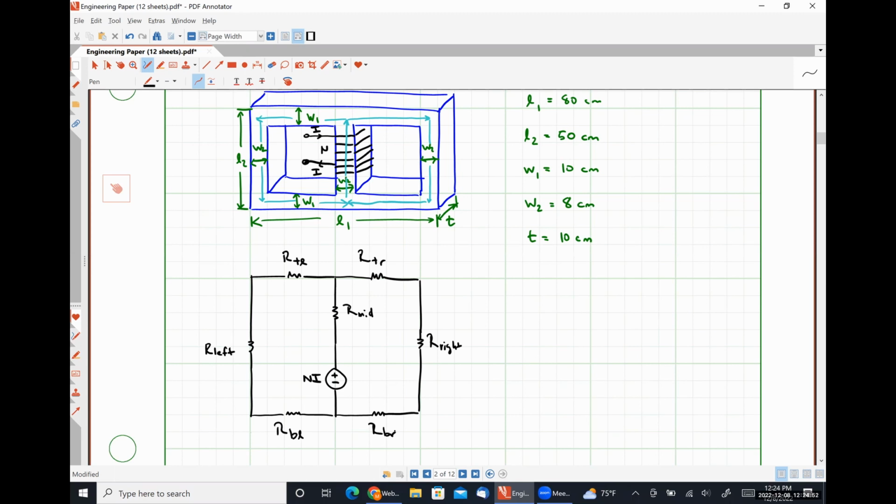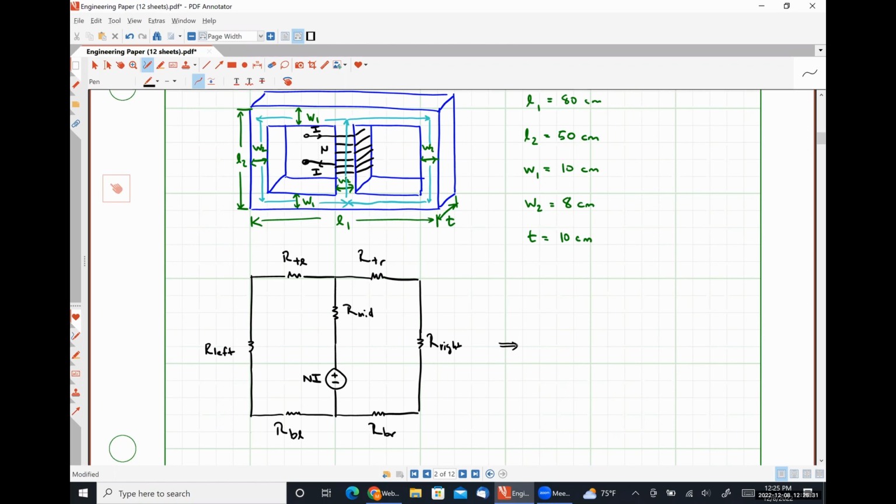All right, so a couple of things here. We don't know how much MMF we have. We don't know how much flux we have. We only know the geometry of the system, okay? So we are trying to see effectively the equivalent resistance or the equivalent reluctance that is connected to our MMF source. So what we can do is just take the MMF source out and look in through those terminals and figure out what the equivalent resistance looks like, okay?